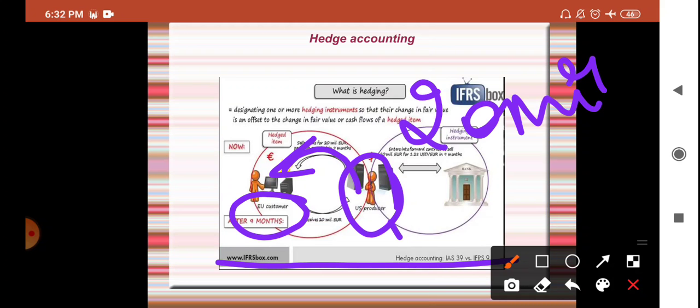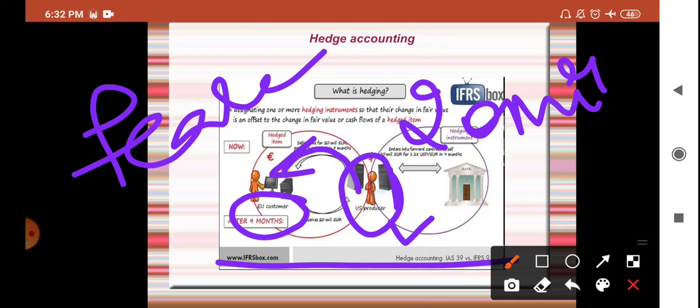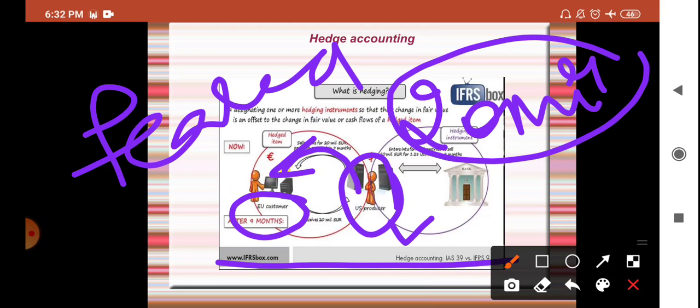Now the US producer fears the foreign exchange risk. He fears that after 9 months, on whatever amount is payable by the European customer, the foreign exchange rate may decrease.